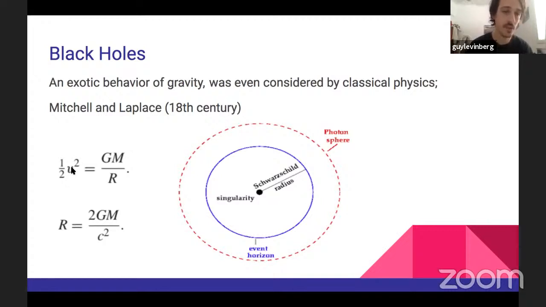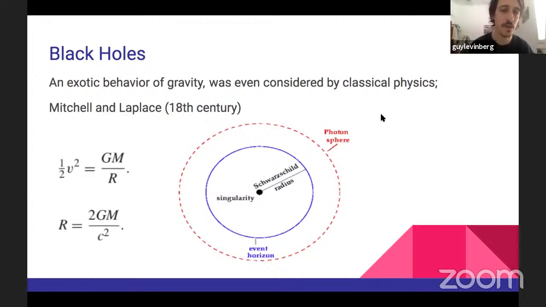So if we take v to be the speed of light, we get exotic behavior where even a light-like particle cannot escape from a sufficiently massive star beyond a certain radius. This radius is called the Schwarzschild radius.